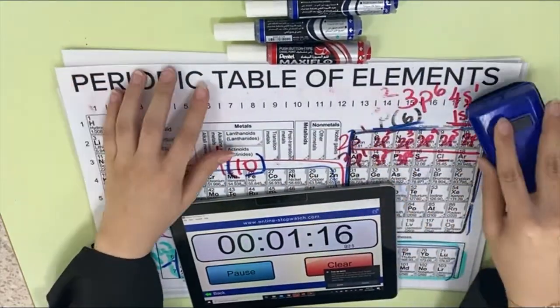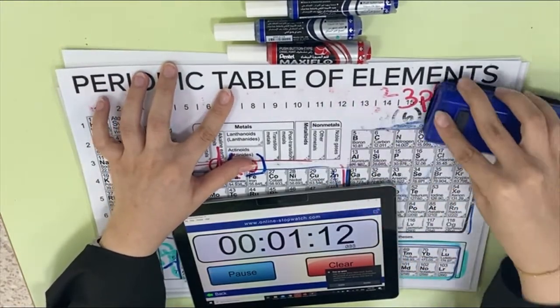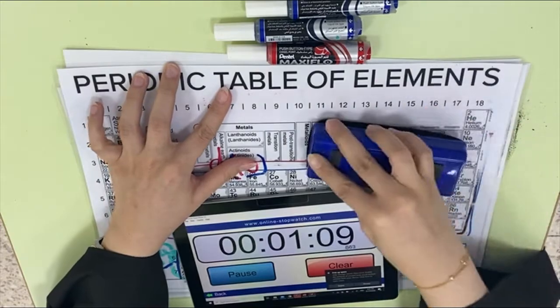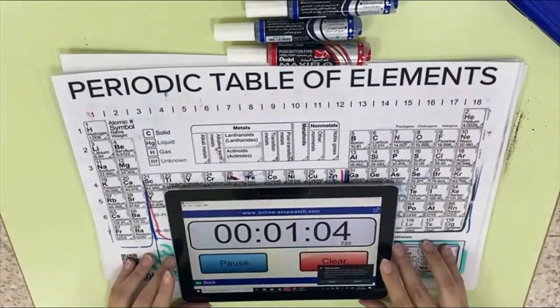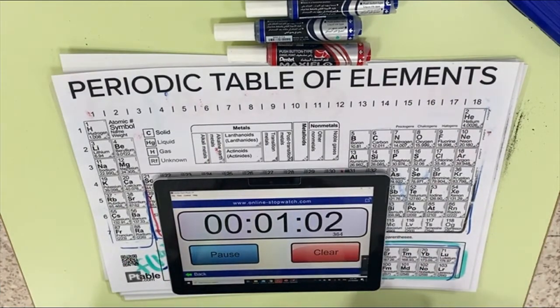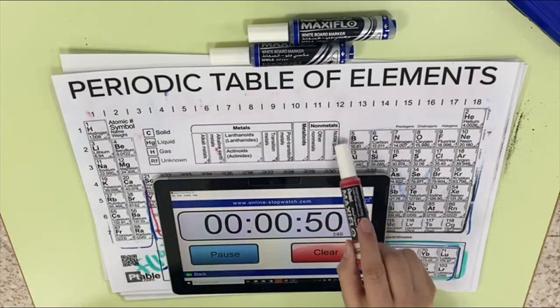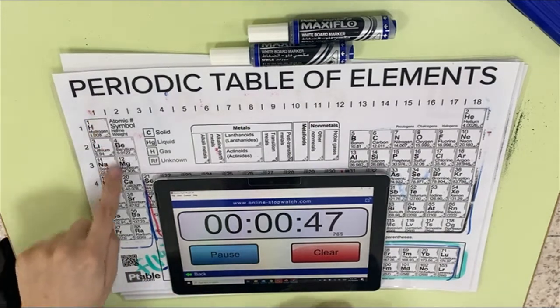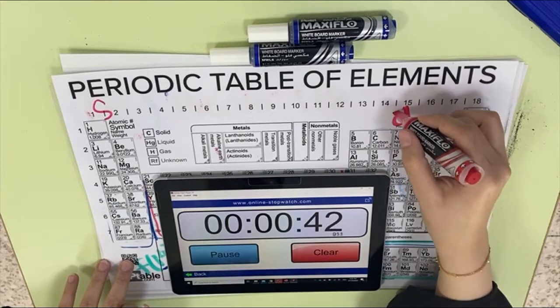Pay attention to the timer. First of all, locate the element and note down the atomic number or the number of electrons in this element. And then simply go in order, straight lines till you get to boron. Remember, this is the S block and this is the D block. P block.